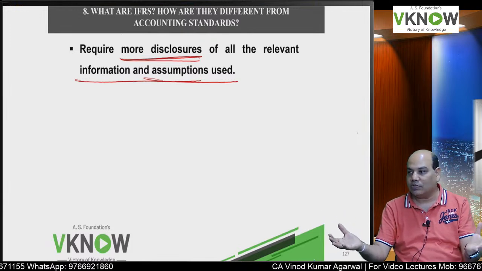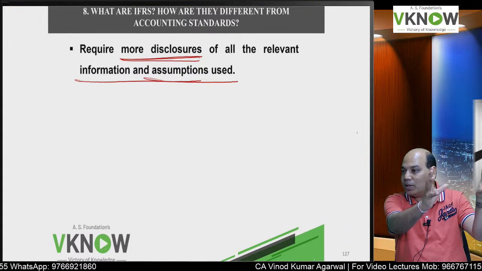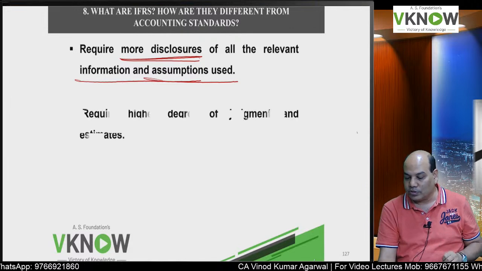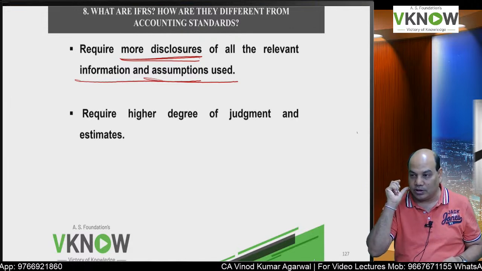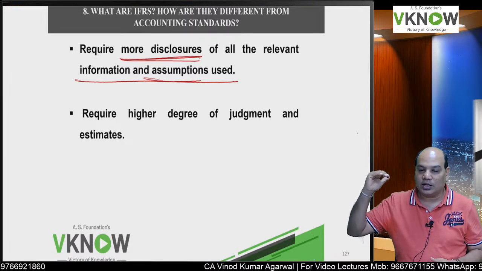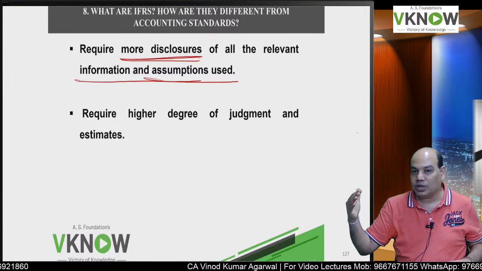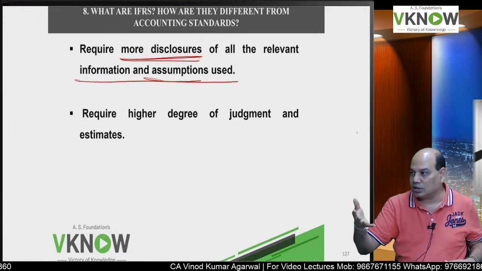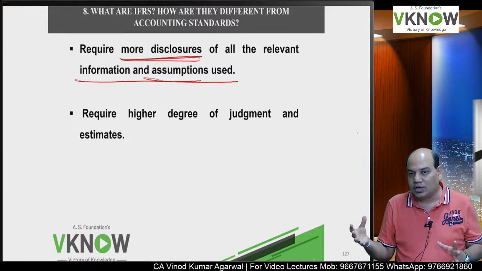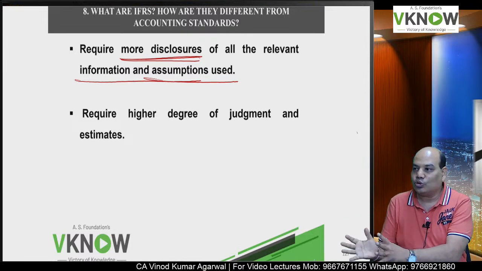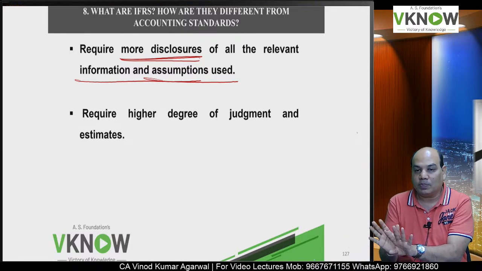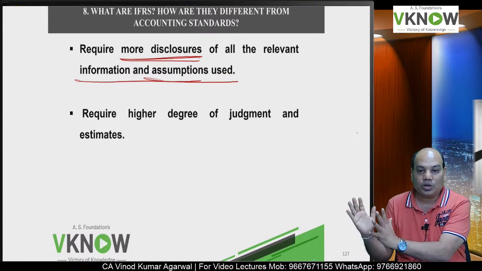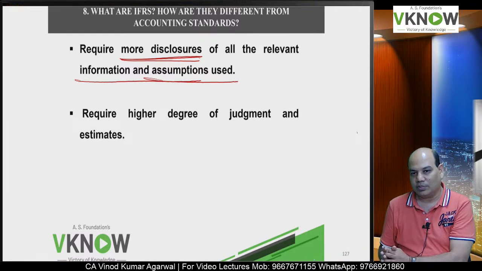Now the financial investor will have the same information which management has because of the extensive disclosure requirement, and because of that they can take a more informed decision. They can understand that there is something wrong in this company, that something bad is going to happen with this company, by looking at the disclosures that they have made.